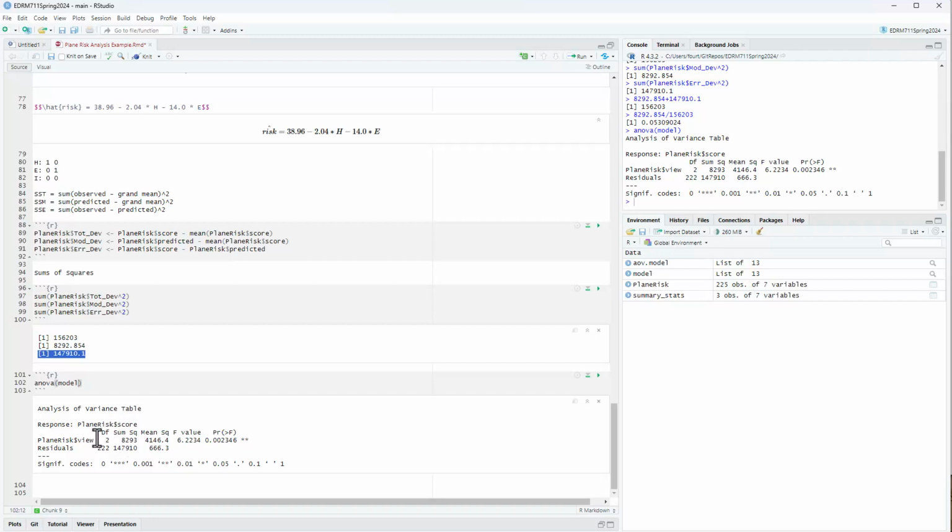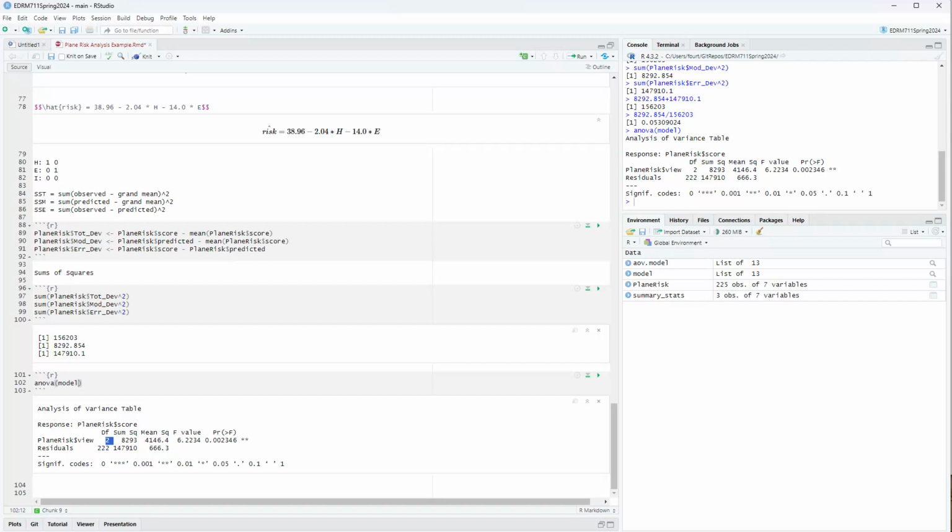Notice that the view, plane risk view, has 2 degrees of freedom. Why? We talked about that because it takes 2 dummy variables. It's a categorical variable with 3 levels. How many individuals did we have to start with? 225.